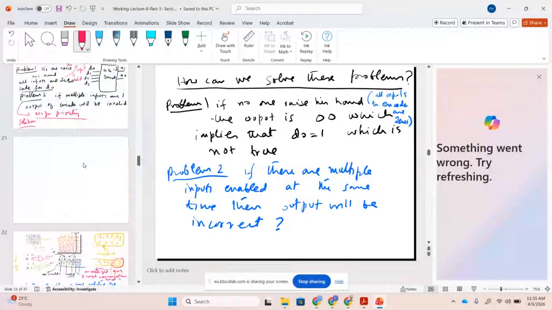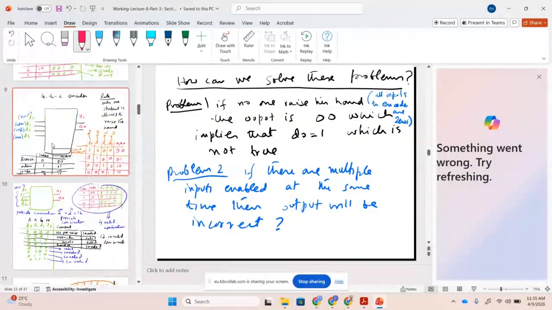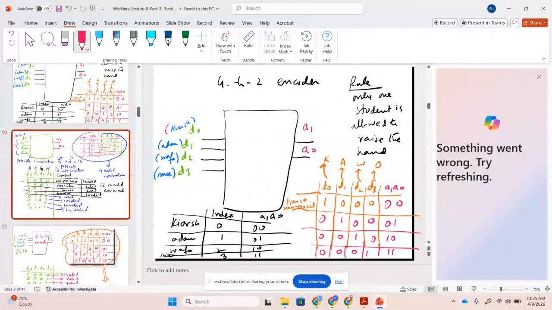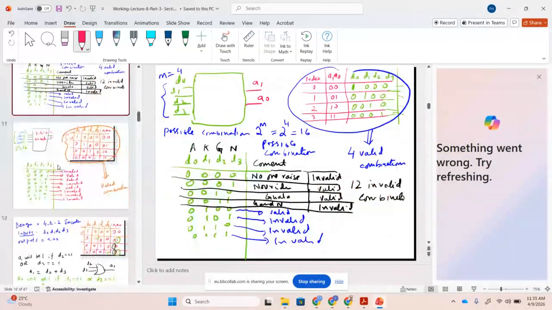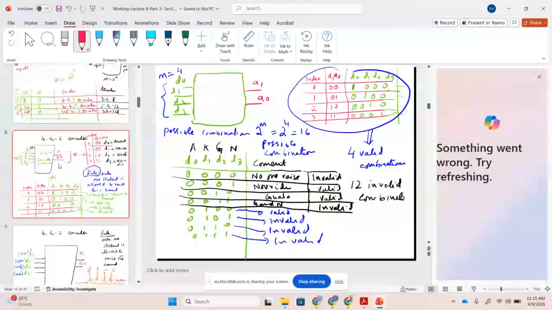Okay, so basically, what was the code for all the students? Can you tell me the names of the students who were involved? Abdullah, AKGN.